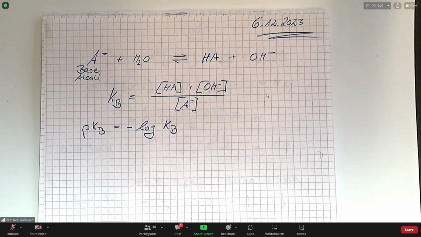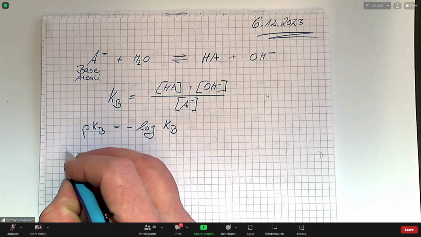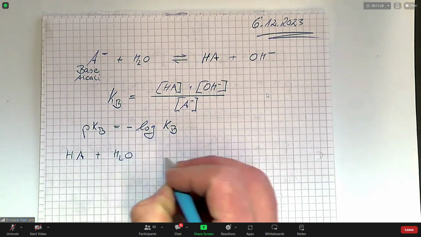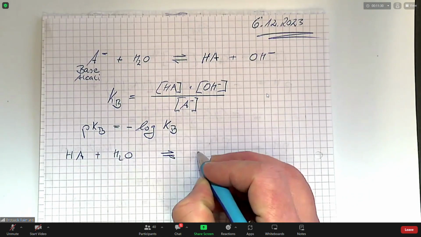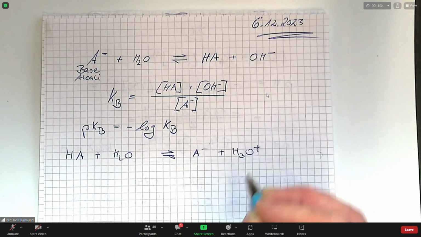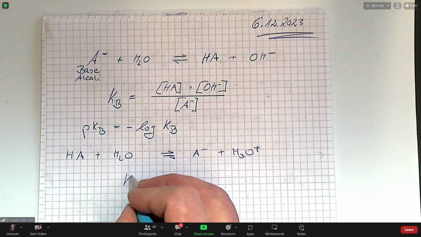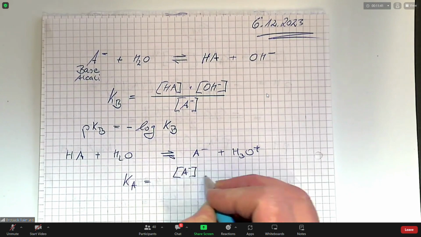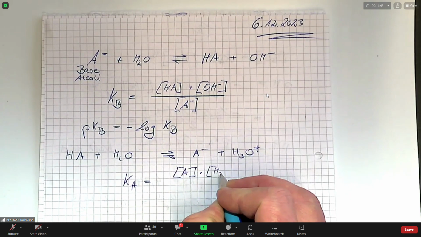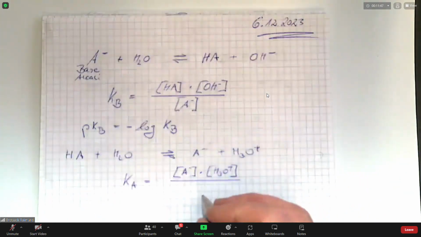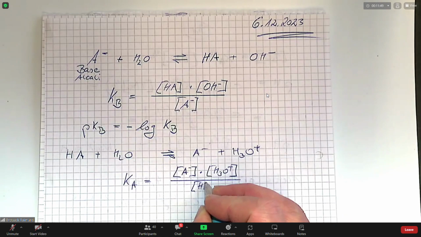So in general, we have those two examples. One is the acid, HA plus water, and we have here A minus plus H3O plus. The Ka is the concentration of A minus times the H3O plus concentration over the concentration of the acid.